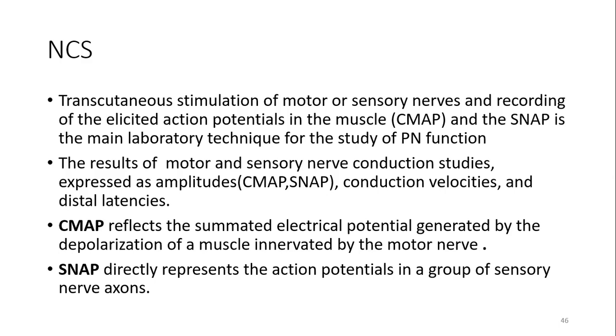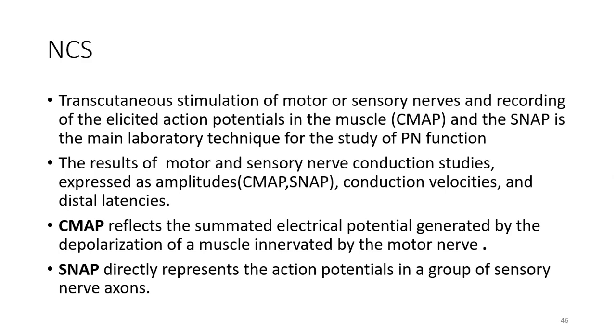So by transcutaneous stimulation of motor or sensory nerves and recording of the elicited action potential. In the case of motor nerves, we will record the elicited action potential in the distal muscles, while in the case of sensory nerve stimulation, we will see the action potentials in the distal sensory nerves.